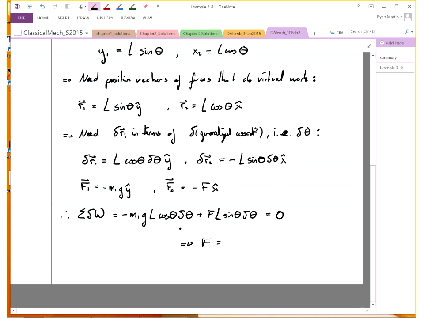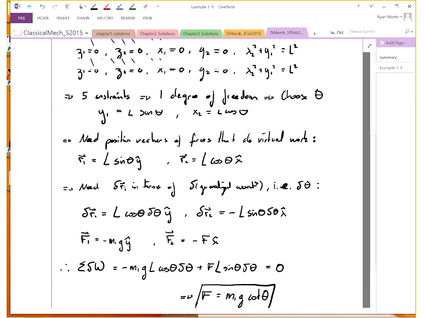The delta thetas and the L's cancel. And so F will be equal to M1G, then it's cosine over sine, which is cotangent. And so we did it really slowly, but I mean, this can be done very quickly once you have the hang of it.